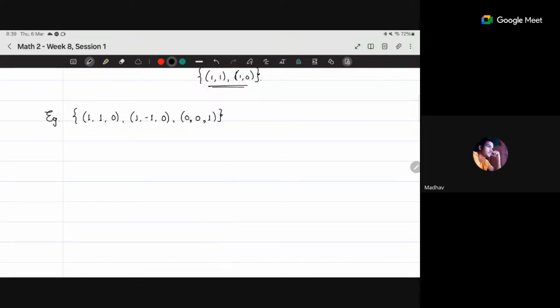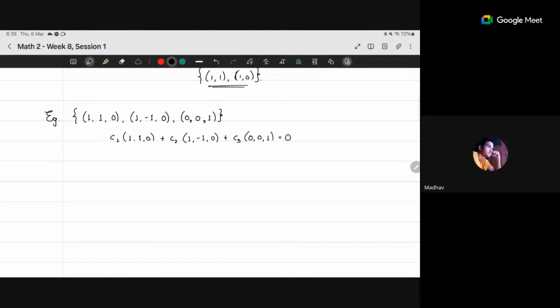This is three vectors in a three-dimensional space, so linear independence would mean basis. I want to check linear independence, or equivalently if it is a basis. How would I go about doing it in the classical fashion? Either I do c1 times (1, 1, 0) plus c2 times (1, -1, 0) plus c3 times (0, 0, 1) is equal to 0.